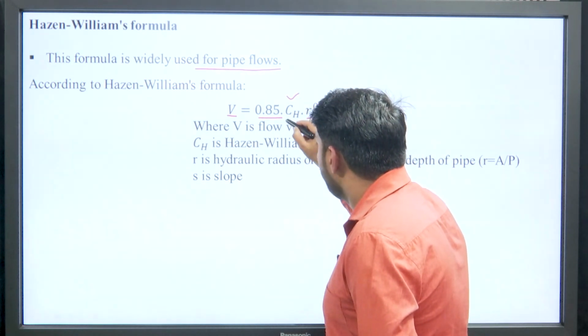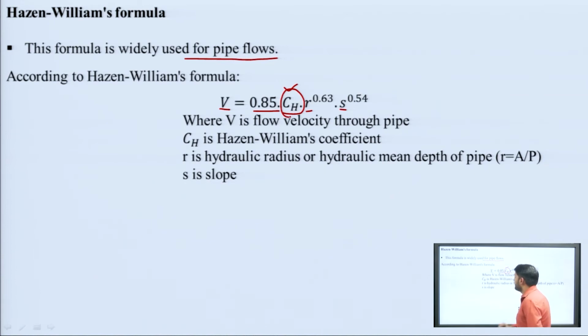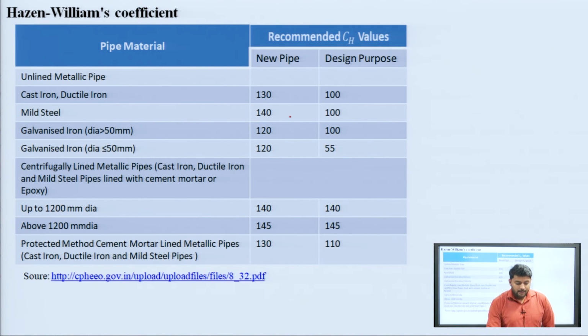So, how can we get the value of that particular constant? Means, how can one get the value of the Hazen-Williams coefficient? According to the CPHEEO manual, the value of the Hazen-Williams coefficient can vary on the basis of pipe material, and one can easily conclude how this coefficient varies on the basis of pipe material. So, for cast iron, ductile iron, mild steel, the values are around 130, 140.